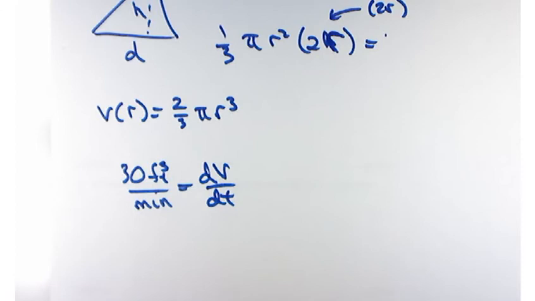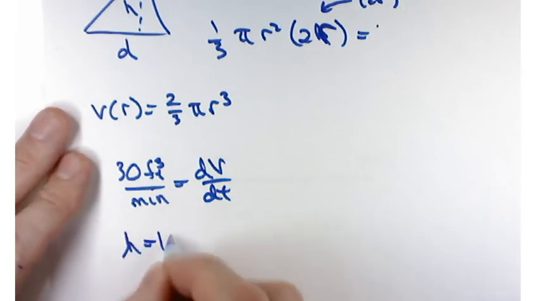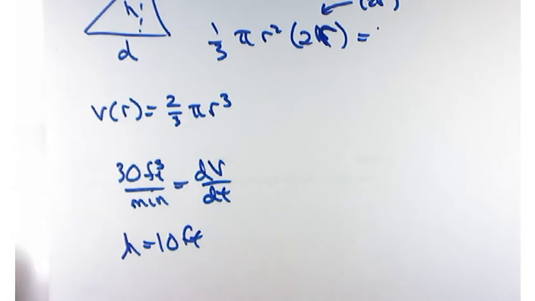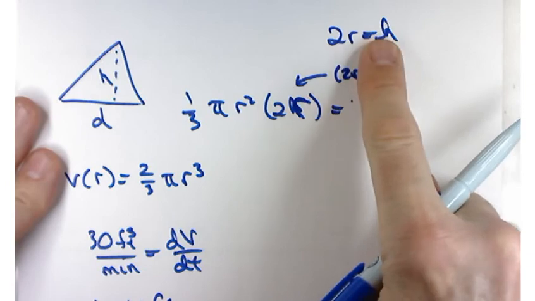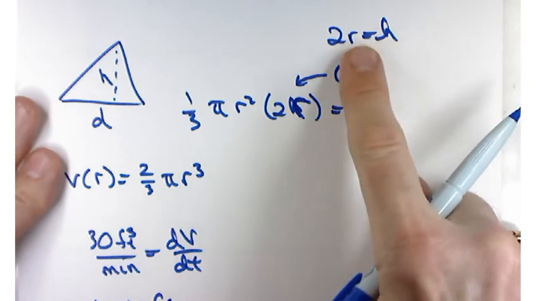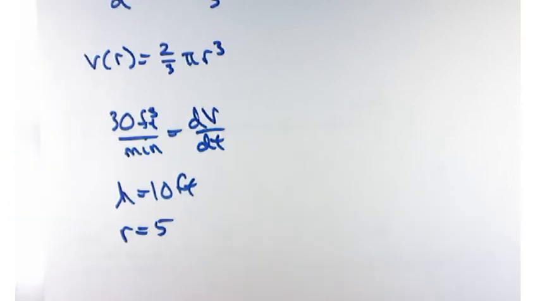And they want us to know how fast the height is changing when the pile is 10 feet high. So if the pile is 10 feet high, what's the radius at that point? Because 2R equals H, if this is 10, then R is 5. So R equals 5. I think I've got all the information I need or can get out of this.